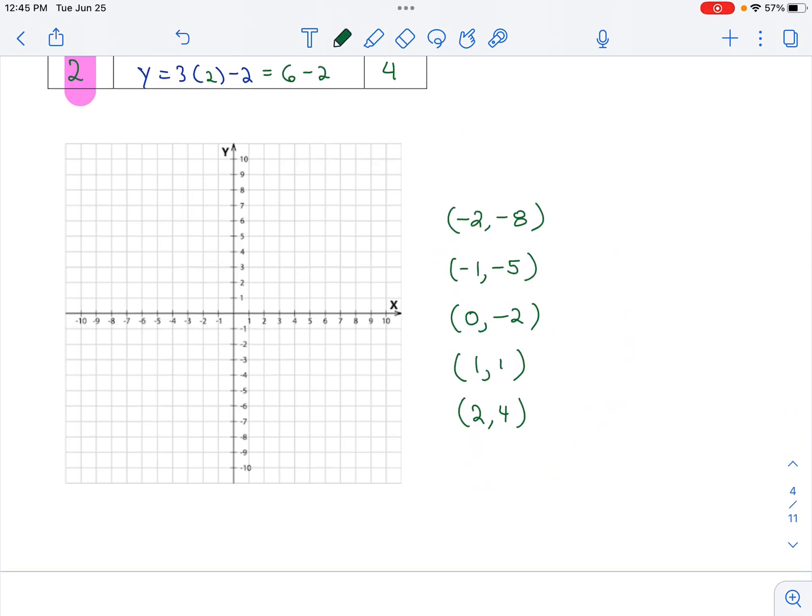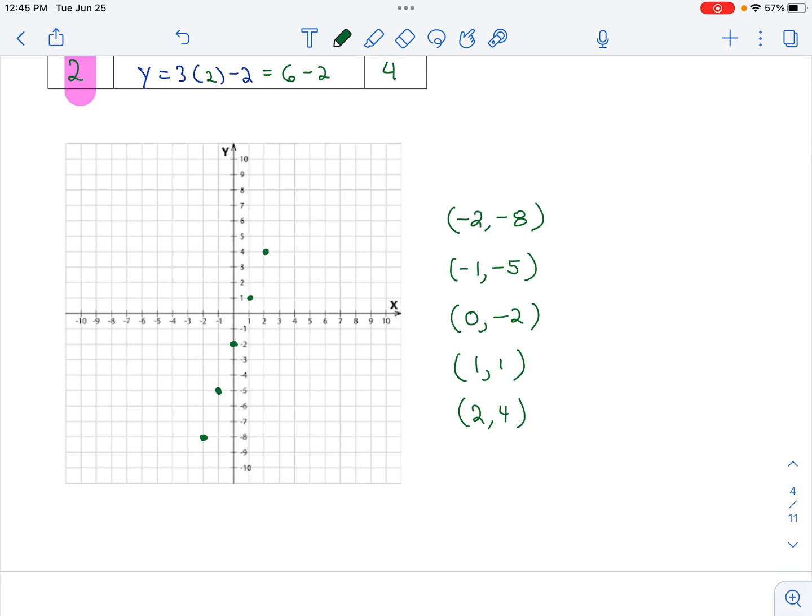Starting with -2, -8, that is going to be in quadrant 3. Then we have -1, -5, 0, -2, 1, 1, and 2, 4.